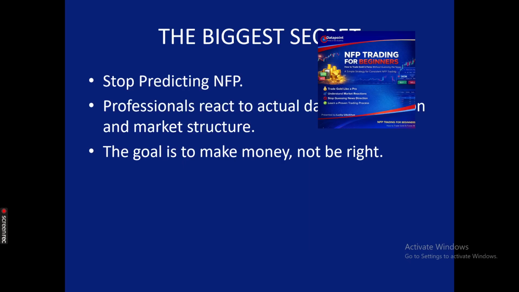Professionals react to actual data released and market structure. What are those data released? You need to check back your history. Ask ChatGPT, ask Google, check data analysis through Investing.com or Forex Factory.